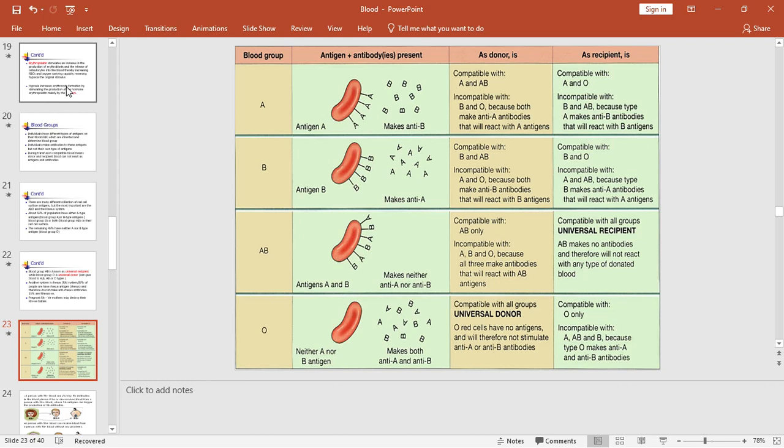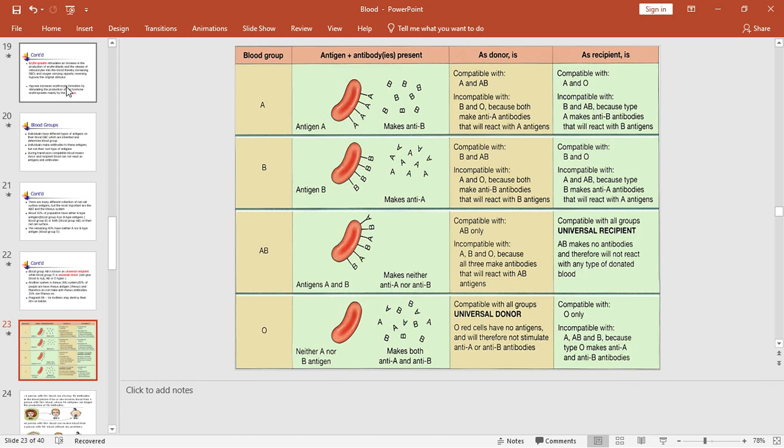Because when you take this red cell mass and give it to somebody that has A, there are no antibodies to A. So there is no problem. So somebody that has blood group A can donate to another person that has blood group A. No problem. But they can also donate to somebody that has blood group AB. Because in somebody that has blood group AB, this person has no antibodies to either A or B. So it's okay. You understand?